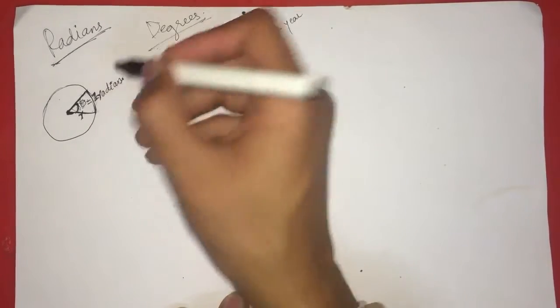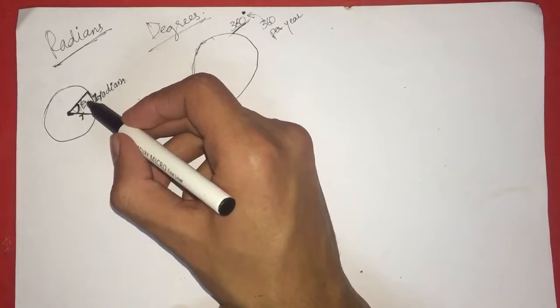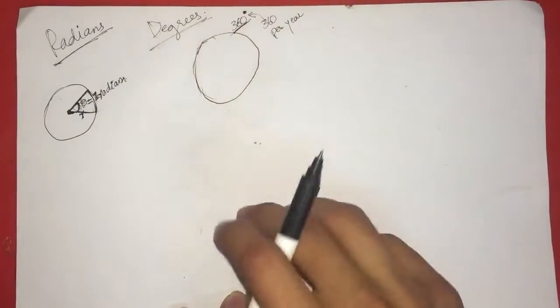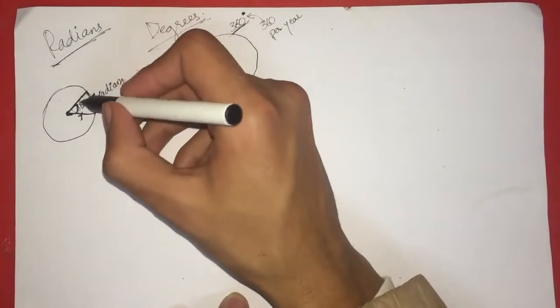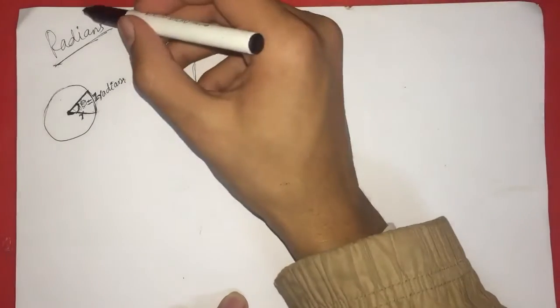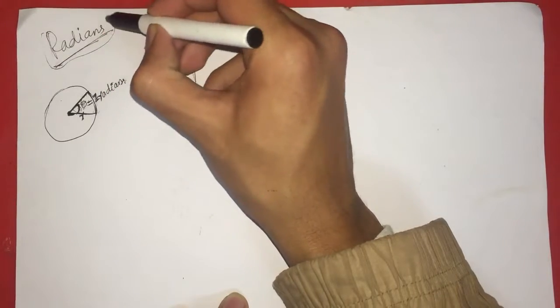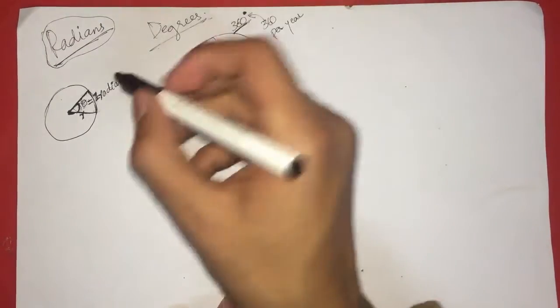So the radian is a unit of measurement for the angle, and degrees are also a unit of measurement for the angle. But later on in our book, the unit of measurement of angles will be radians.